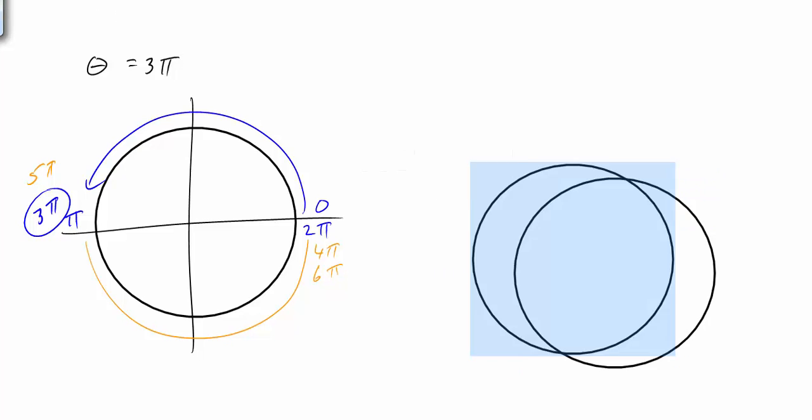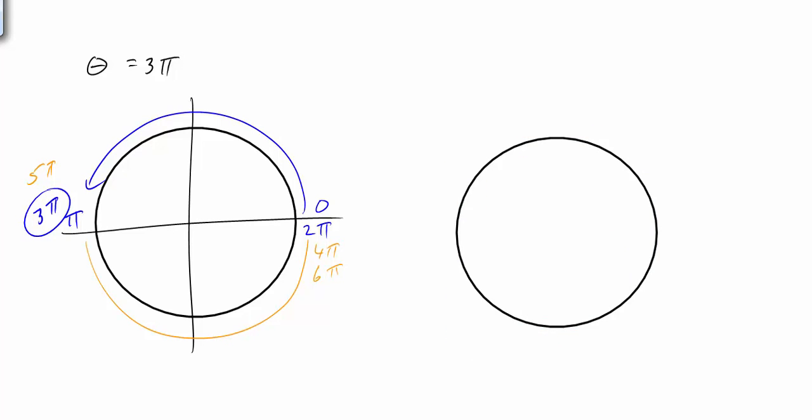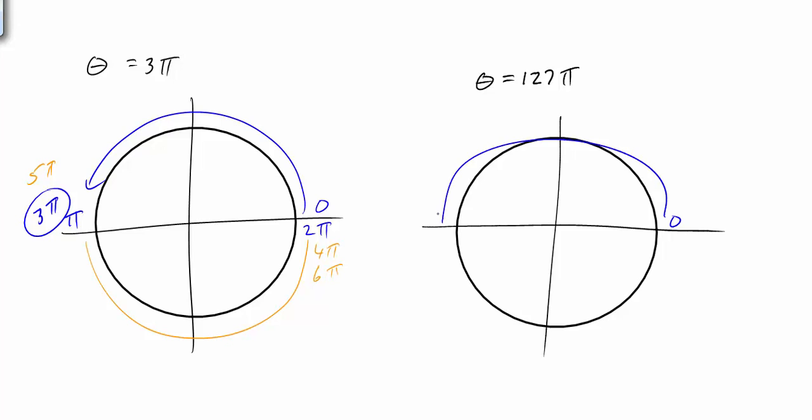If I gave you this angle, and I said, where is the angle 127 pi located? Well, you could certainly count, but you're not going to want to be here all day and say, well, we start at 0 and this goes to 1 pi, this then is 2 pi.